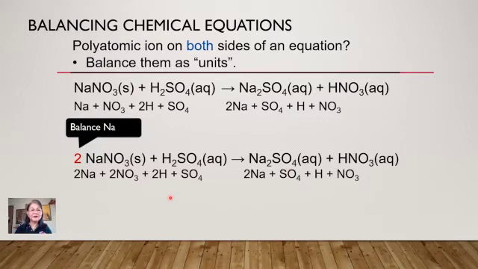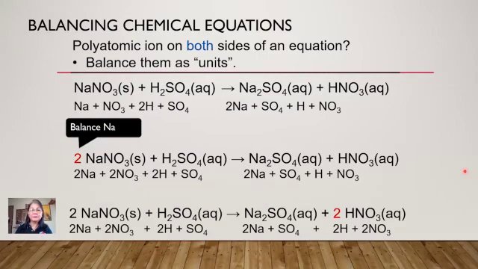Now which one is the problematic one? Hydrogen. The sulfate and the nitrate, we do not have problems. Hydrogen: 2 here, there's only 1 here. So we place the coefficient 2 before HNO3. Let's see if the equation is now balanced.